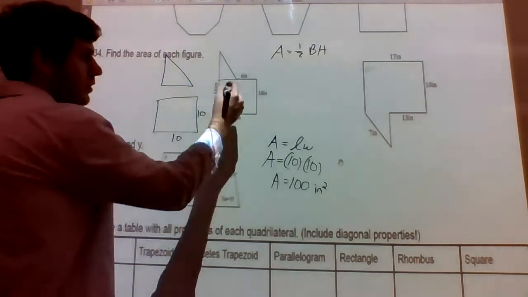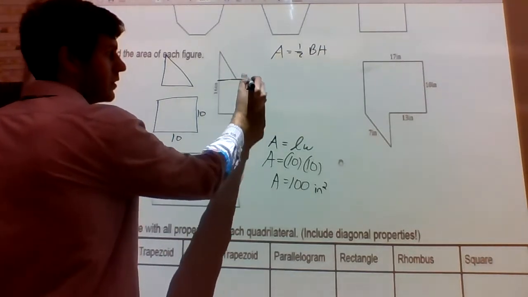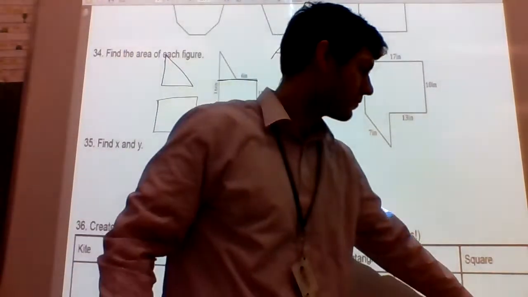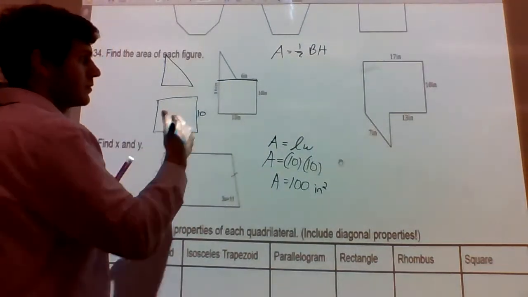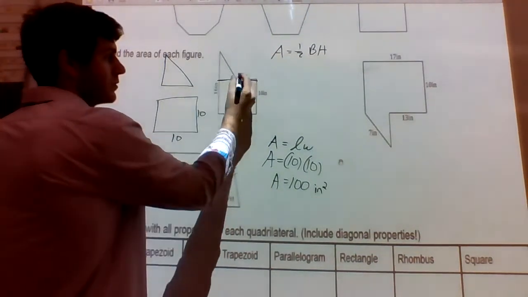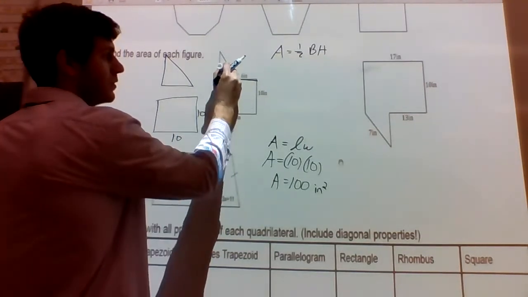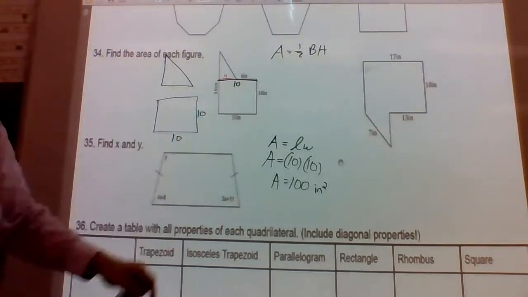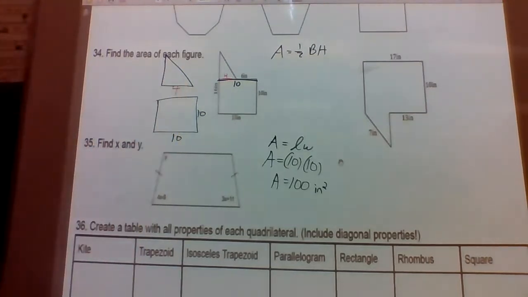Well, we know this whole piece right here is going to be 10. So if this piece is 6, then our piece right here is going to be 4, because 4 plus 6 is going to equal 10. So we know this piece right here is 4.